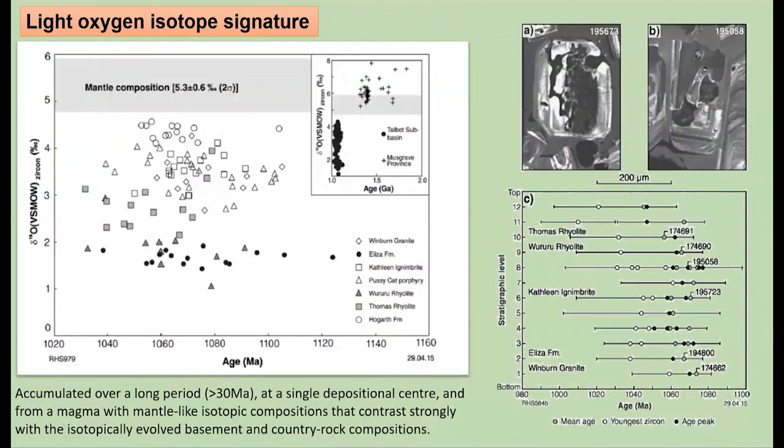Plotting stratigraphic level against uranium-lead age again confirms this upward younging trend. But no matter what way you cut it, this is 100 million years of volcanism. It's probably the largest volcanic province on the planet in terms of both volume and age.